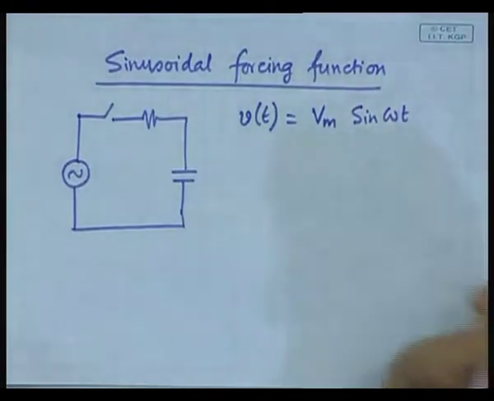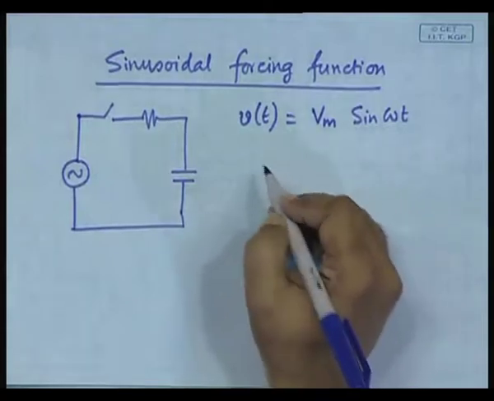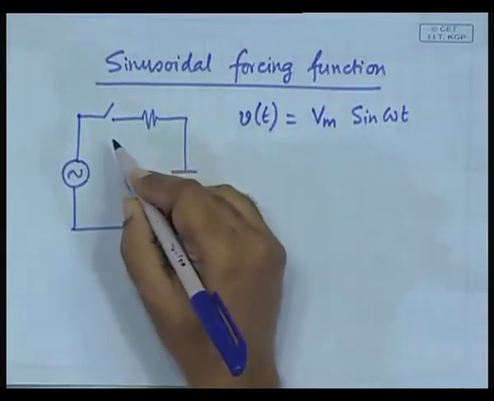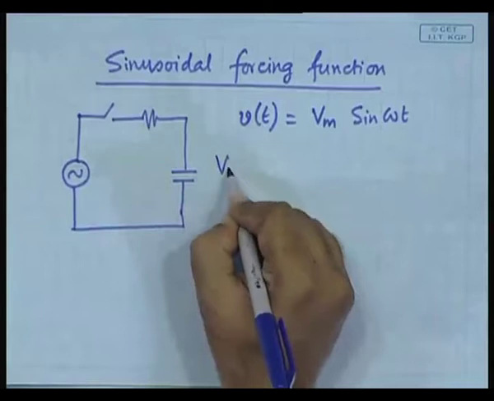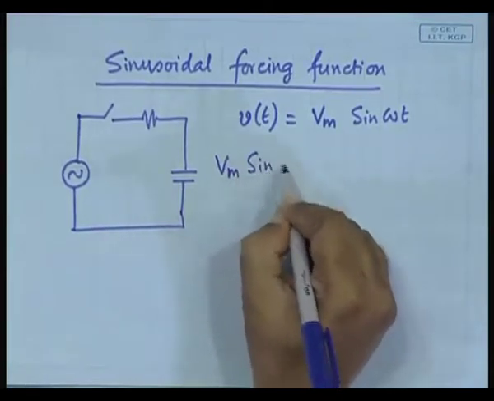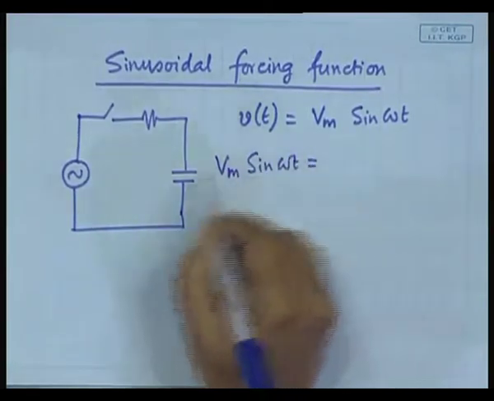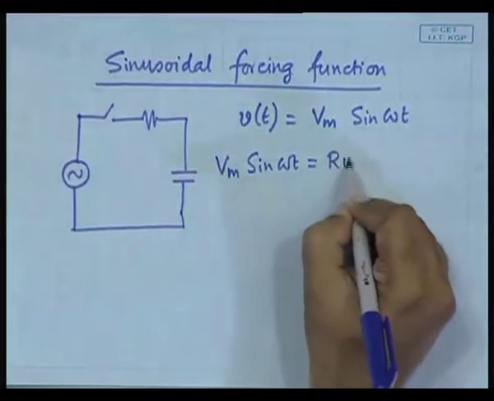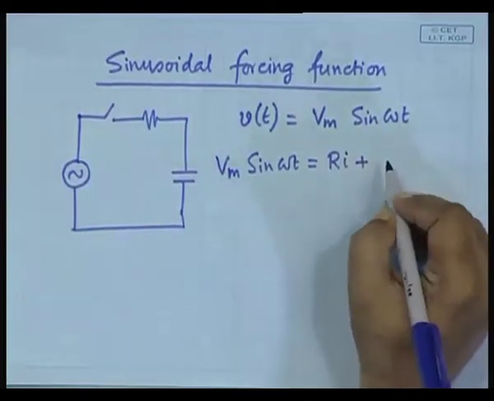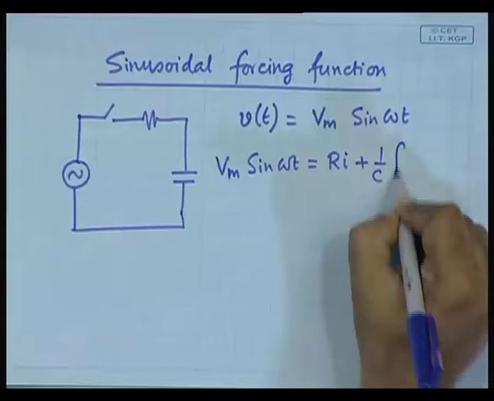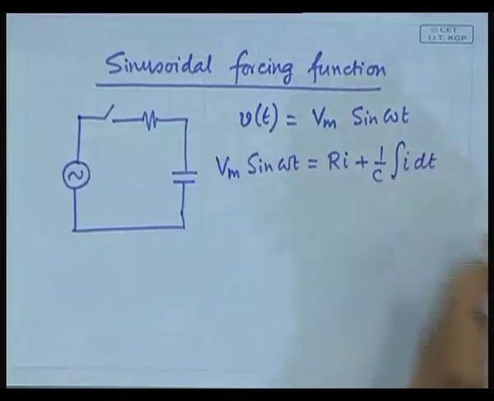That is how we have applied the voltage. So, the equation is V m sin omega t is equal to R I plus 1 by C integral I dt, right.